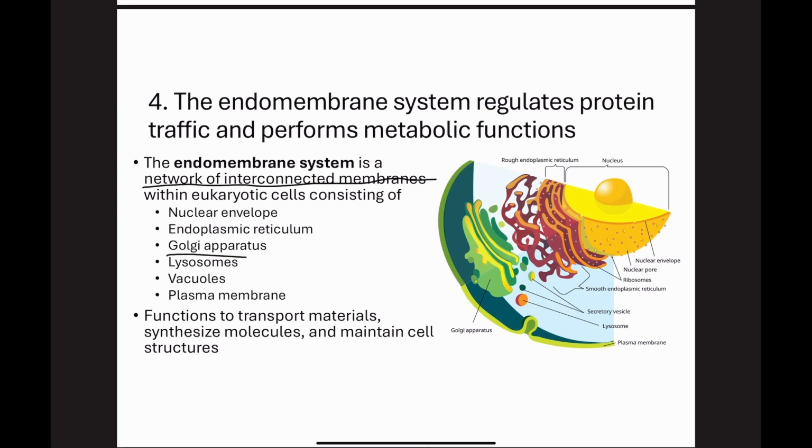And the components of the system are connected either by direct physical contact or by an indirect mechanism, which is going to be through vesicular transport. But this is just going to ensure that we have efficient protein processing and cellular metabolism.